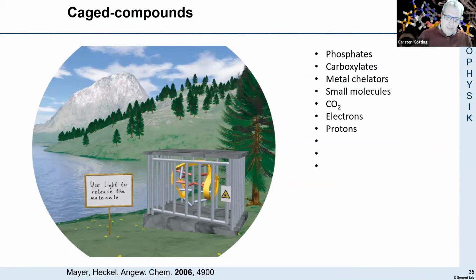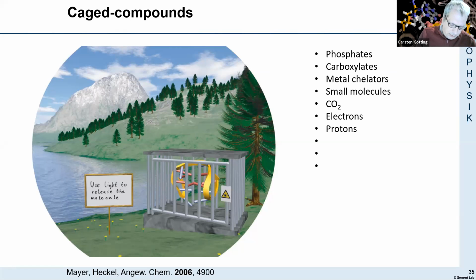They do nothing with the environment, but if you shine light on them, the cage group will be cleaved off, and then you have a biologically active molecule. And this molecule can be a phosphate, a carboxylate, a metal, other small molecules, carbon dioxide, electrons or protons. So there are really a lot of choices, and you can investigate lots of protein reactions by the help of cage compounds.